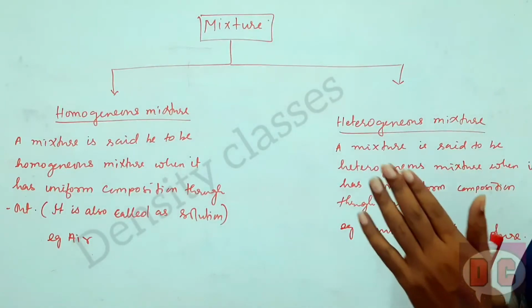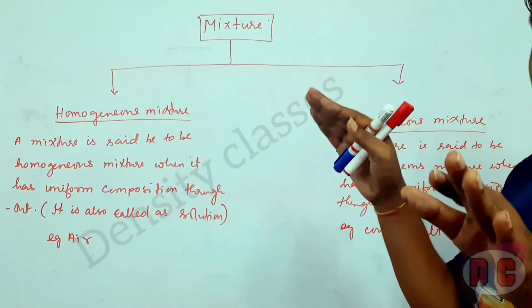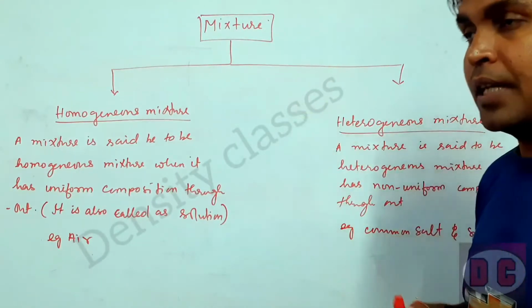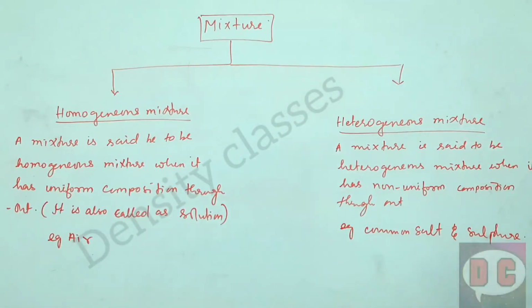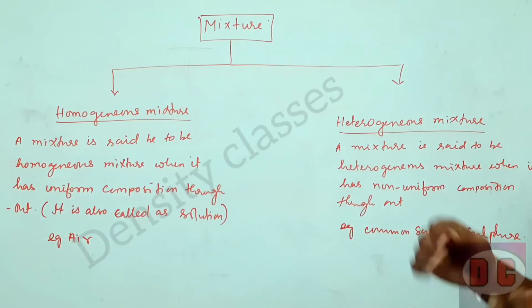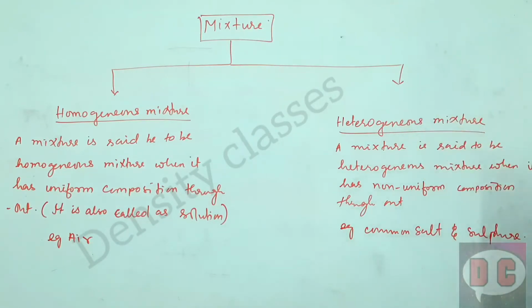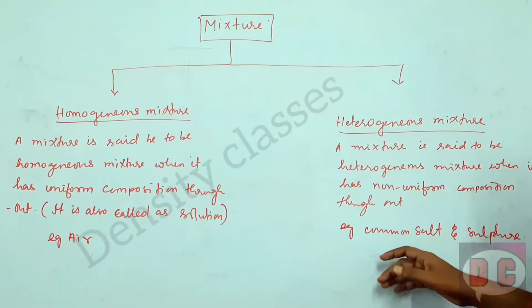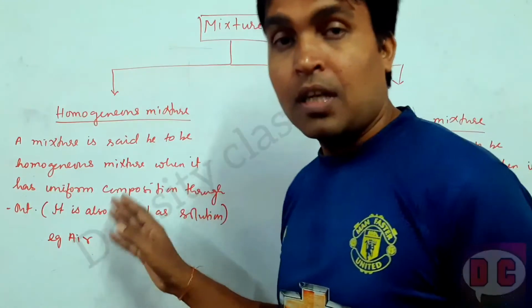If you add them, you will see that water and kerosene separate out. That is a heterogeneous mixture. Here the example I have taken is common salt and sulfur. If you mix them, you will see one layer of sulfur and one layer of common salt. So this is a heterogeneous mixture and this is a homogeneous mixture.